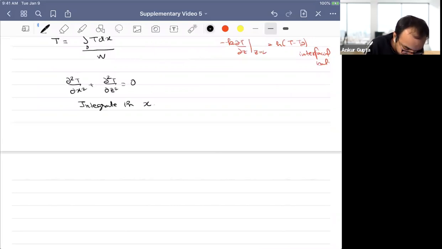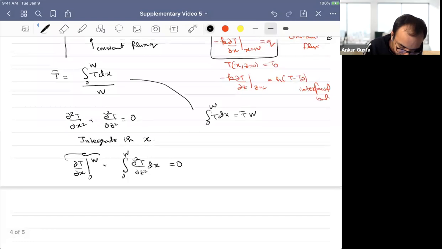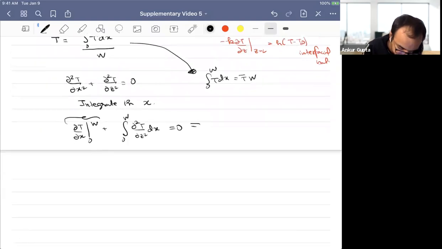This becomes del T by del x from 0 to W, plus the integral of del²T by del z² dx from 0 to W. I directly integrated this term, and the integral of T dx from 0 to W is T bar times W from this formula, since I've just multiplied W to the other side.